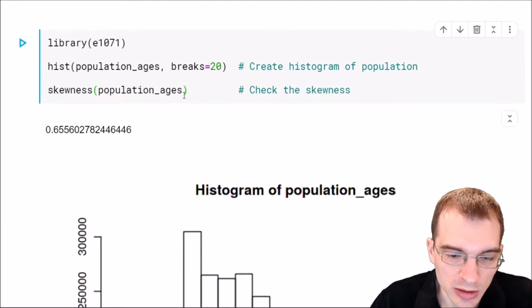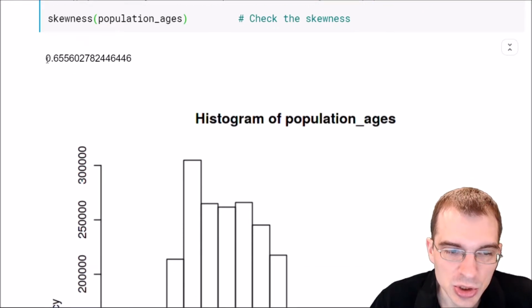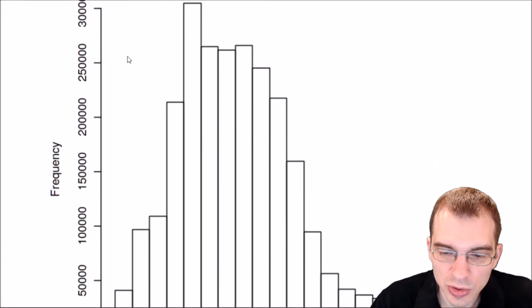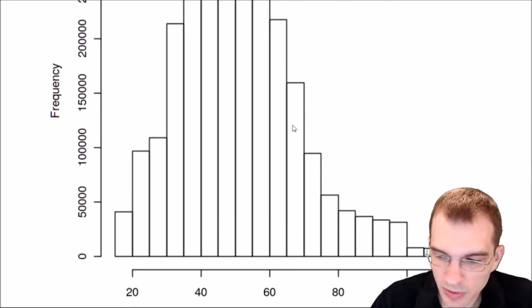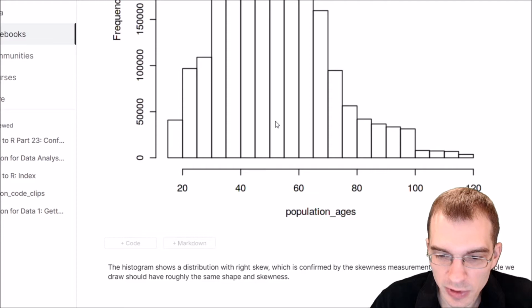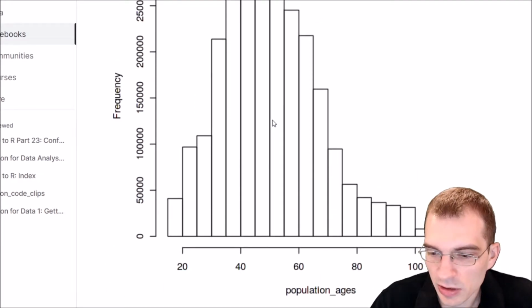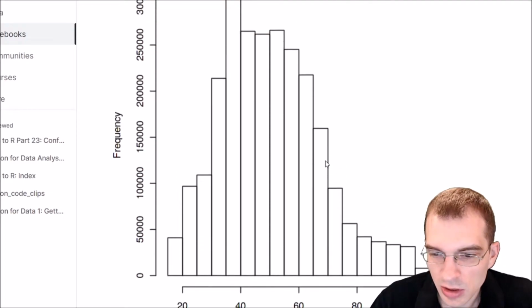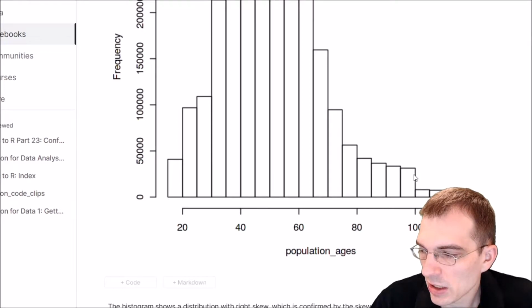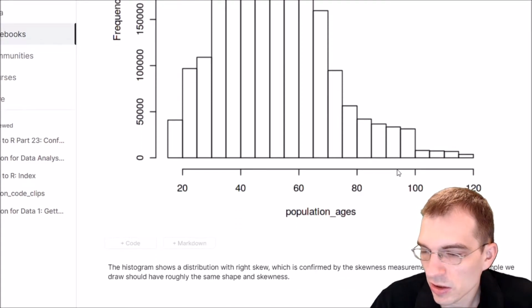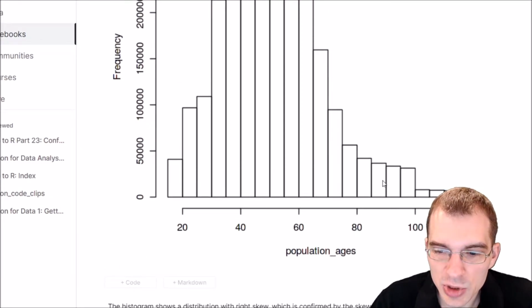And if we do that, we can see that the skewness is positive, so it has some skew, and we can see from, let me zoom out, we can see from the histogram here that the distribution is a bit skewed to the right. We would expect this to be a little bit more symmetric with less data on this rightward tail here. It's not very pronounced, but it's not exactly normal either.